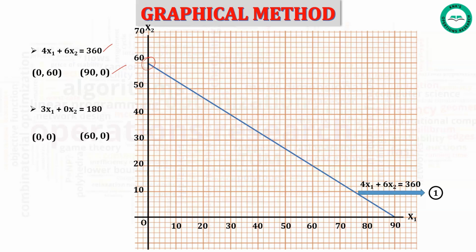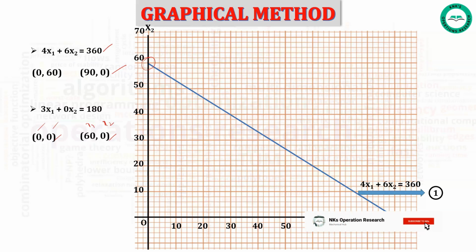As the first point is 0 comma 0, we'll plot the second coordinate only. Plot the point 60 comma 0, that is x1 equals 60, x2 equals 0. So here the point is 60 comma 0.